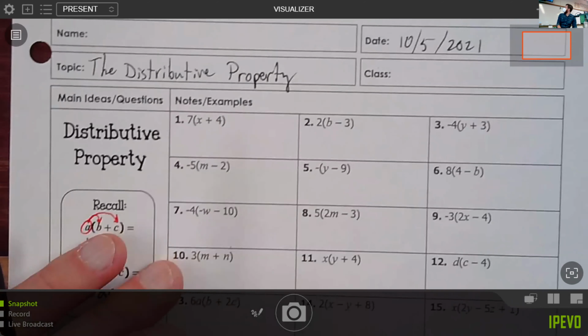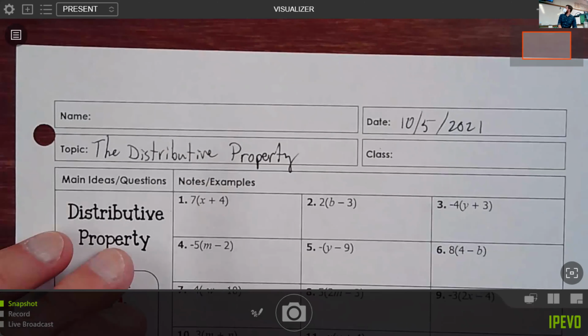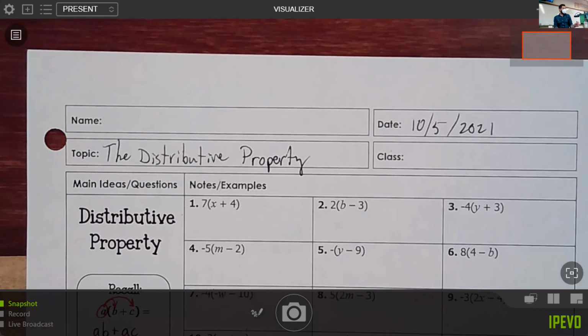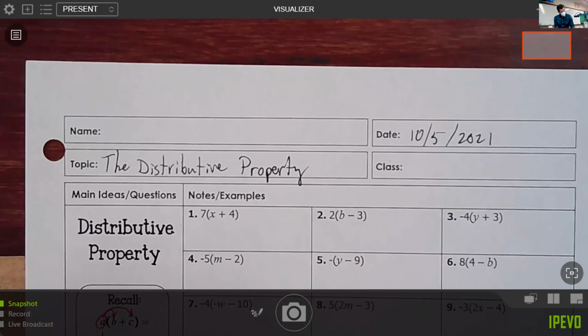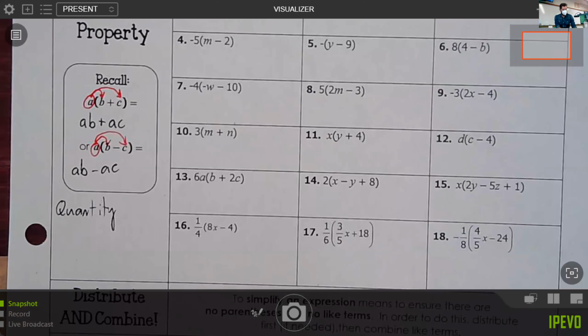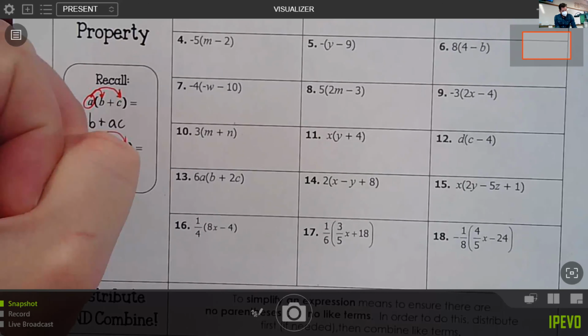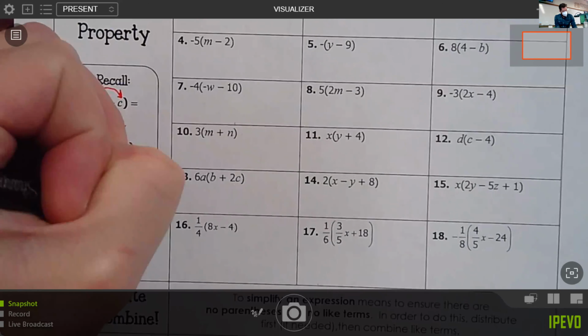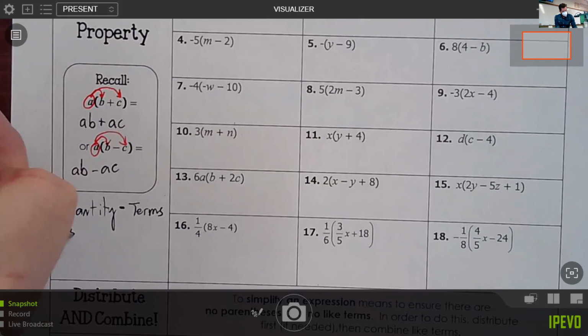So let's jump in and take a look at problem number 1. We've got 7 times, and I'm going to introduce a new word. When you have terms inside of parentheses, you would call that a quantity. Let me write this off to the side: a quantity, terms inside a set of parentheses.